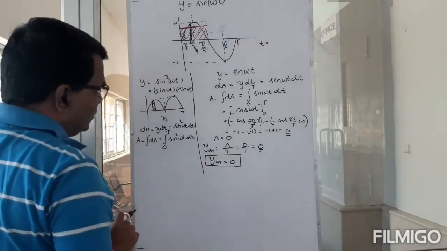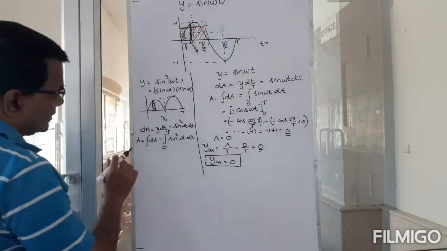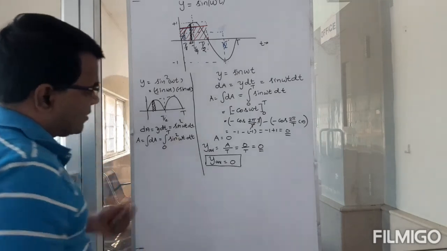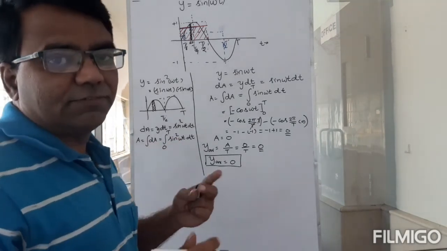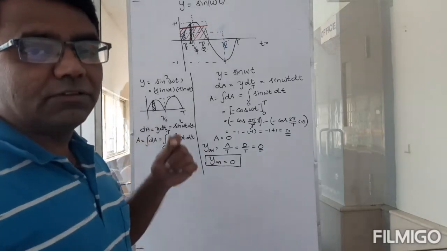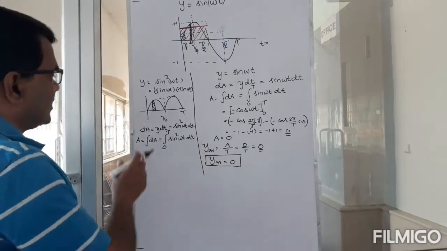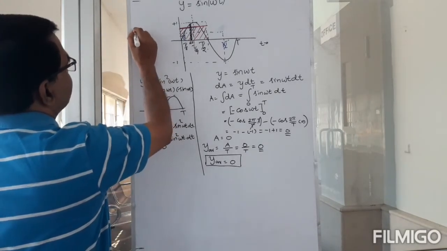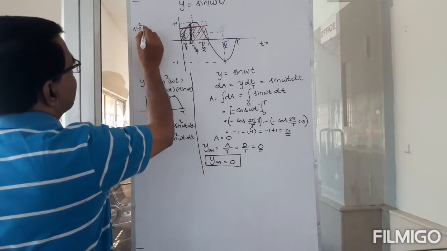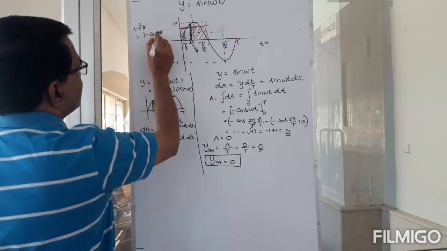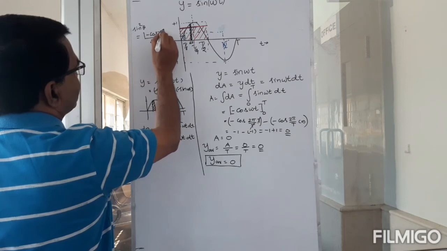Since this is it, I know that I cannot integrate it straight away because the sine squared function cannot be integrated straight away. So you need to use a trigonometric identity. So what is that identity? We know that sine squared theta is equal to (1 minus cos 2 theta) by 2.